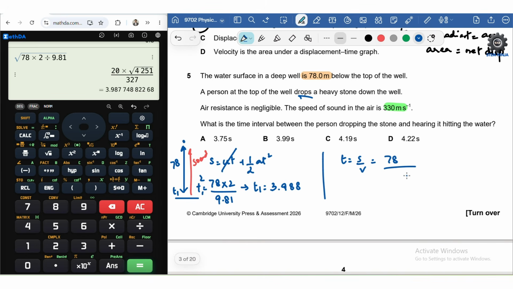Distance is 78 divided by speed 330, so 78 divided by 330 is 0.236. We add the total time: 3.988 plus 0.236 gives 4.224.